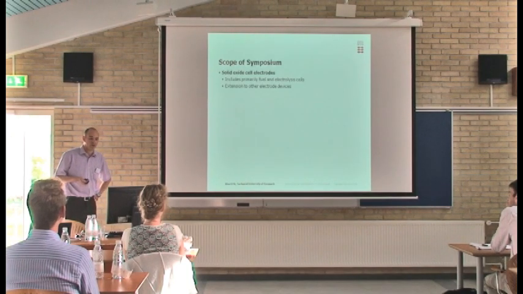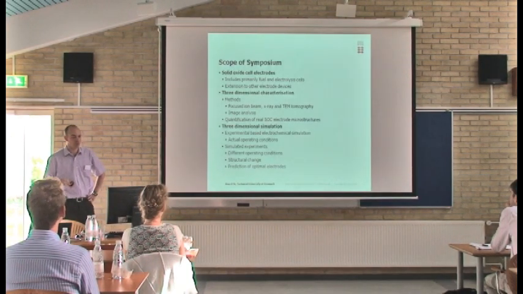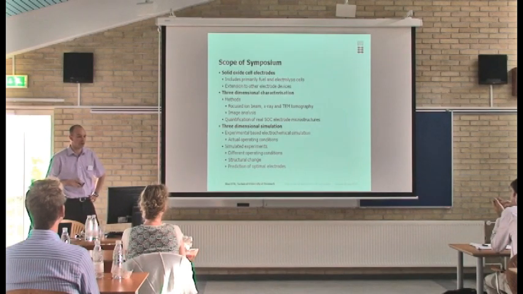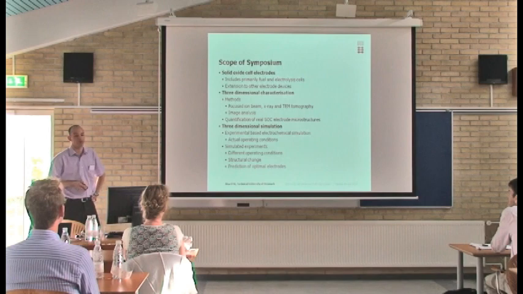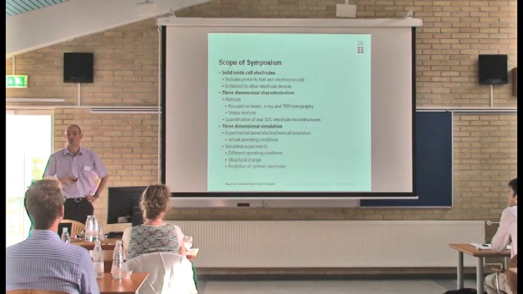The scope of the symposium covers 3 main points. Obviously, solid oxide cell electrodes. I say solid oxide cell here because we're covering both fuel and electrolysis cells. This also could be extended to other similar devices such as membranes, and maybe there are some other devices that come up in the future.